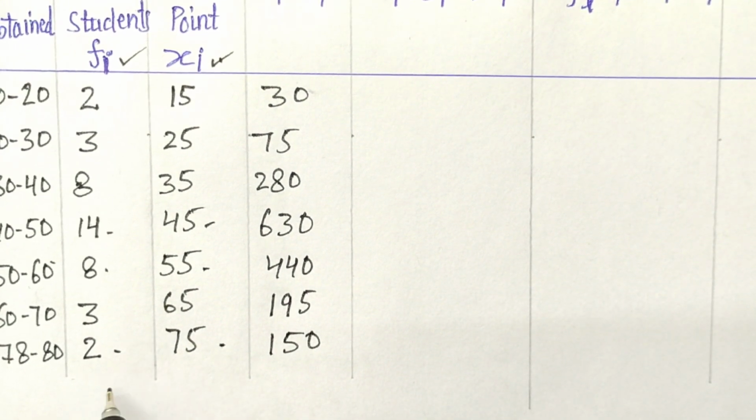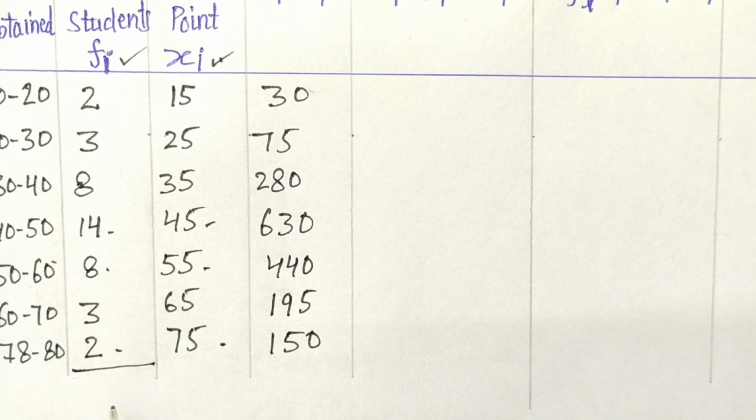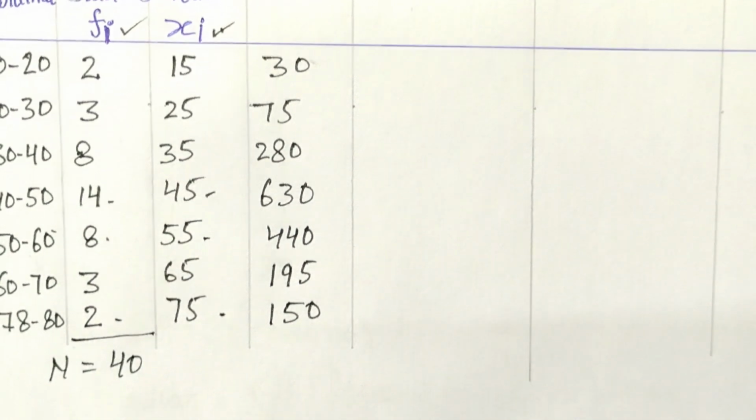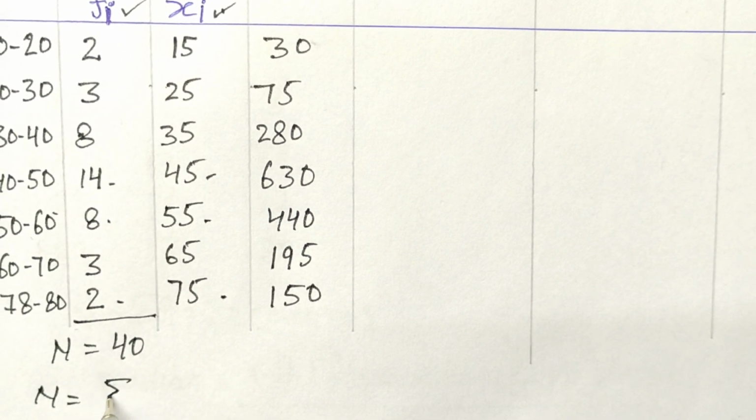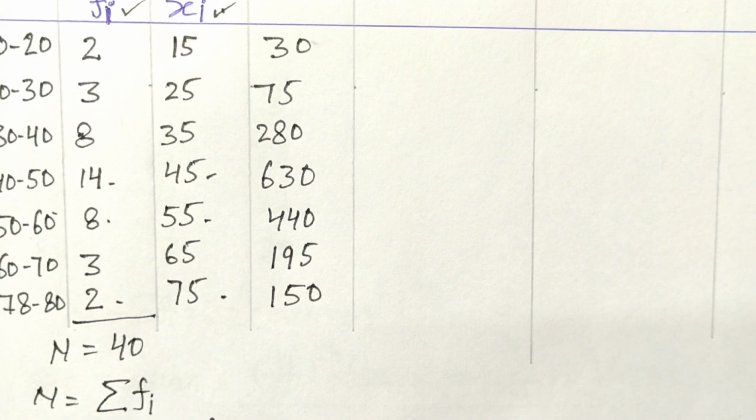Now frequency n is equal to 40, or n is equal to summation of Fi, which is equal to 40.